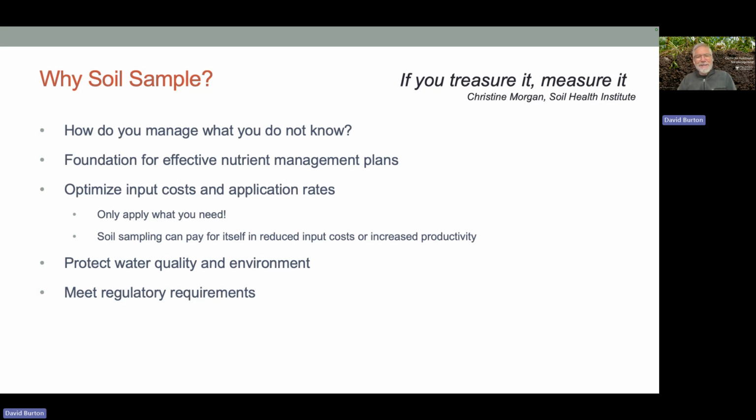How much nutrient do we need to get the most profitable yield, and ensuring that we're not putting on nutrient that we do not need. It's also a way in which we can protect water quality by avoiding or reducing any nutrient runoff that might occur. And oftentimes nutrient management or soil sampling may be part of a regulatory requirement for participation in something like the OFCAF program.